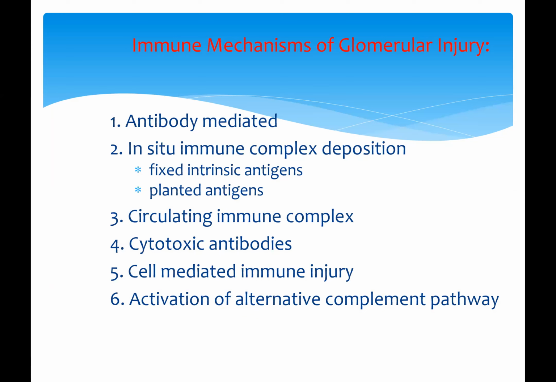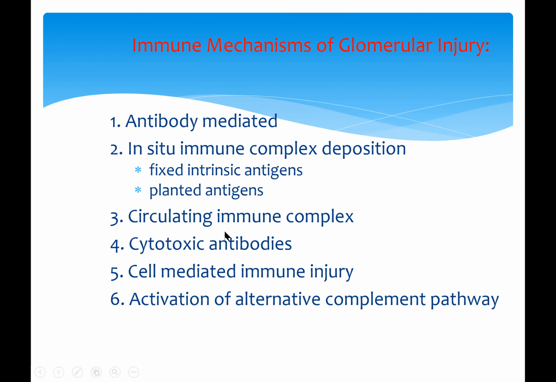So there are different immune mechanisms of glomerular injury. It may be antibody mediated. It may be in situ immune complex deposition, like fixed intrinsic antigens, under which would be your anti-GBM nephritis, membranous glomerulonephritis, or is it something that is formed in the circulation, and that is what you call planted antigen.